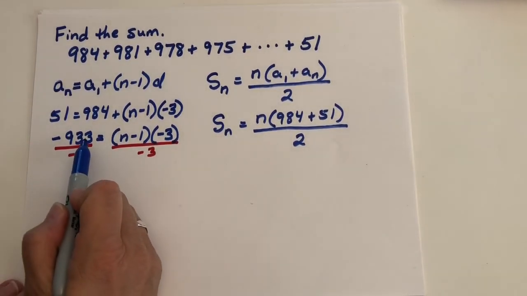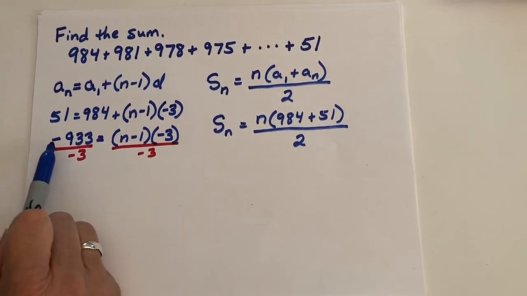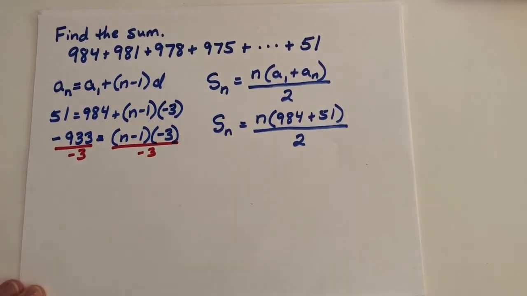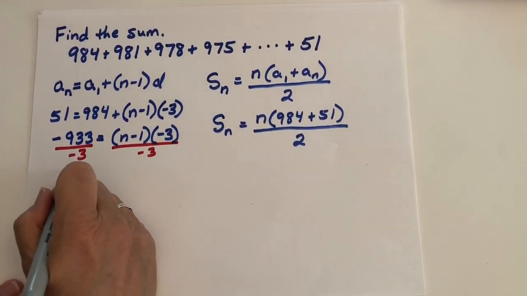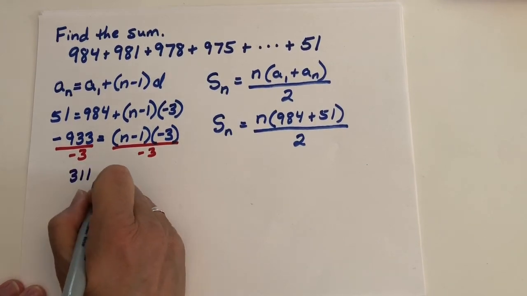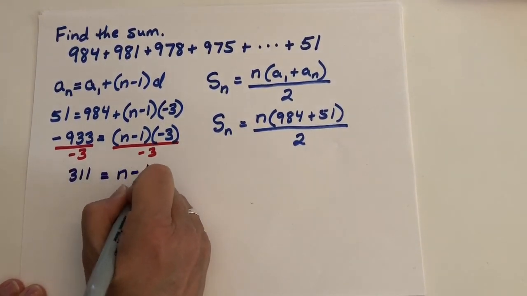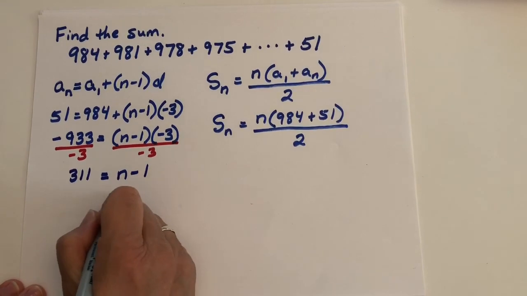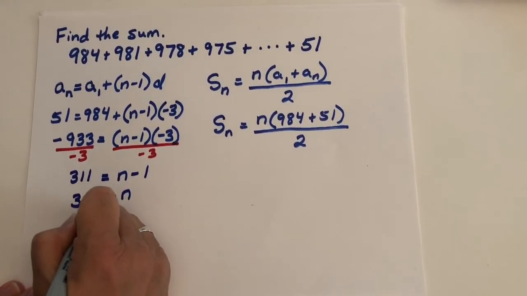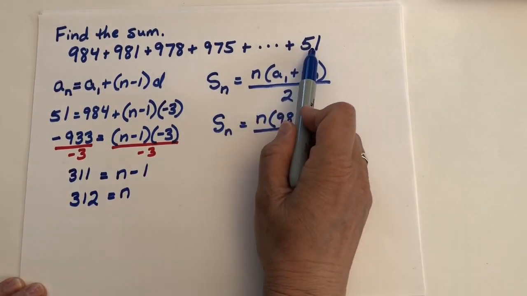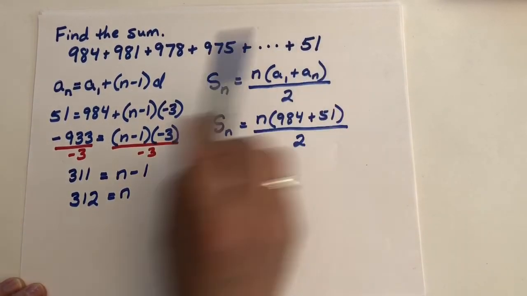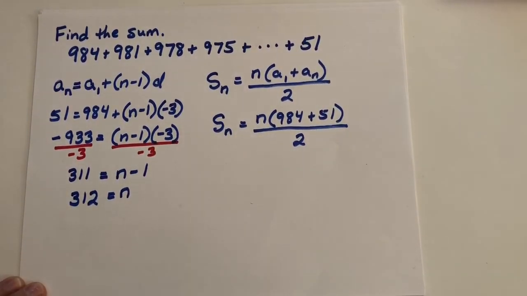Both of them are negative, notice, so we'll have a positive value. 933 divided by 3, we get 311 equals n minus 1. So that means n is 312. So I know this is the 312th term in the list of numbers for this particular problem.